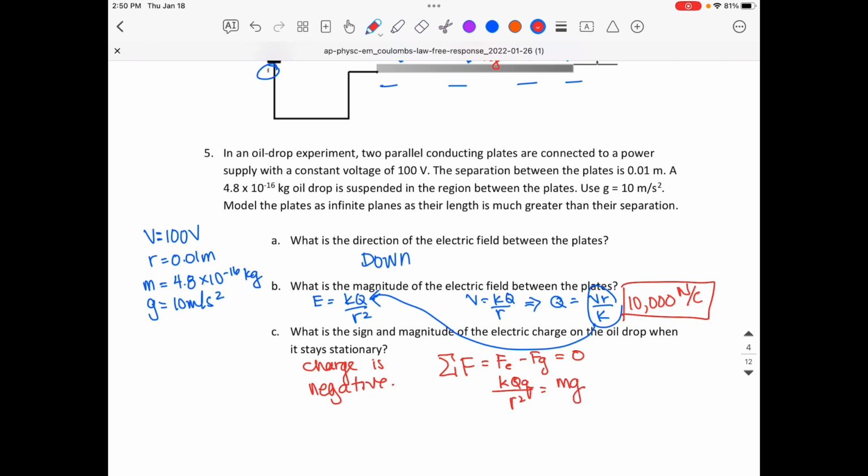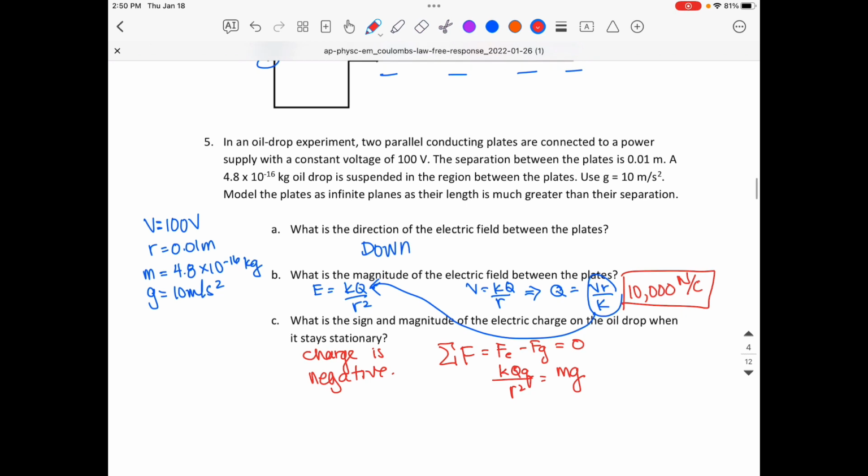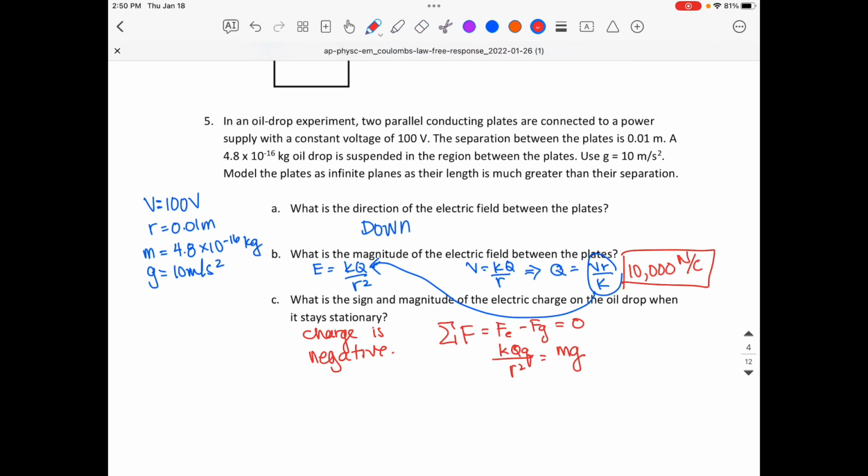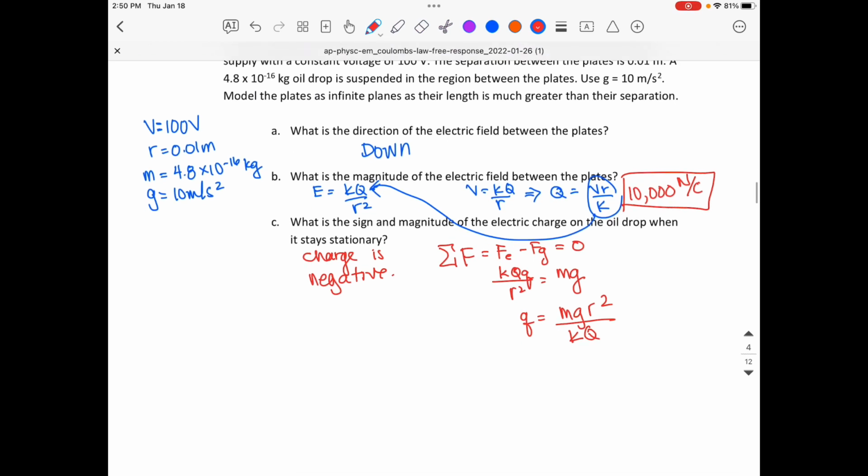We want to find the magnitude of the electric charge, so we're going to isolate the little q. So I've got mgr squared over kQ, and I can now plug in my values. I have a mass of 4.8 times 10 to the negative 16.